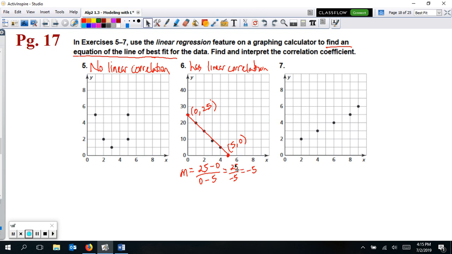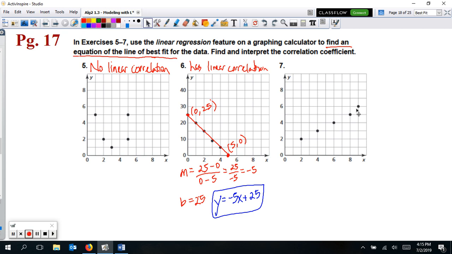You can see it's a negative linear correlation because it is going down. Then 25 is the b, so the equation is y equals negative 5x plus 25. There's our linear equation of the line of fit of that data.